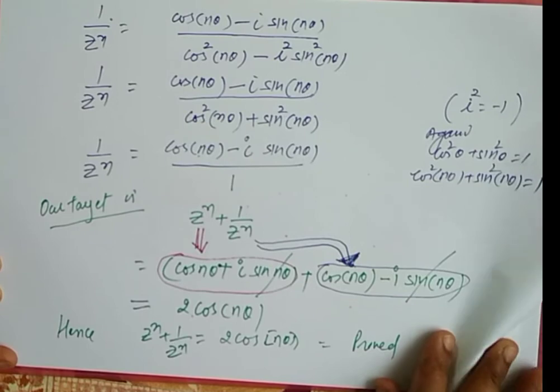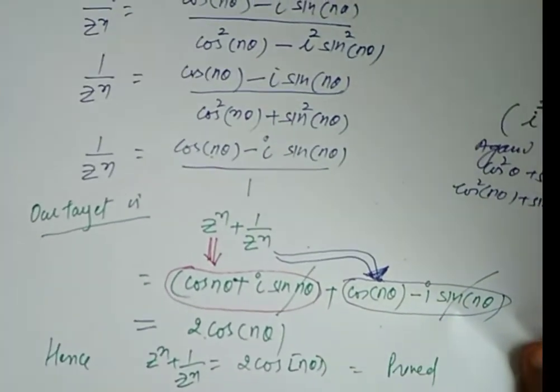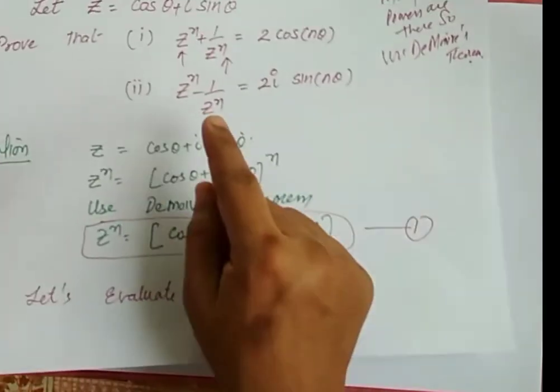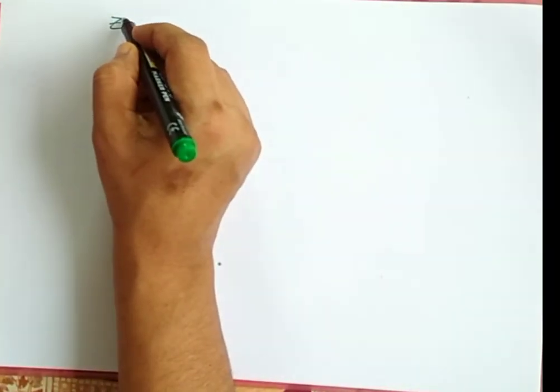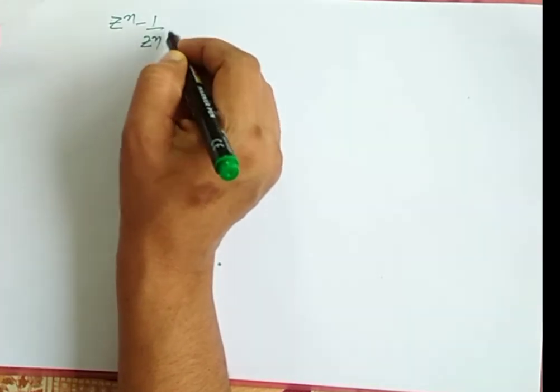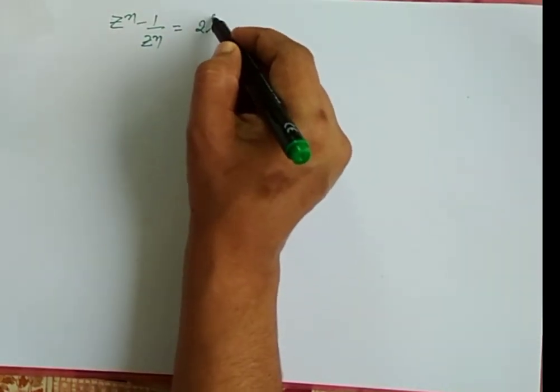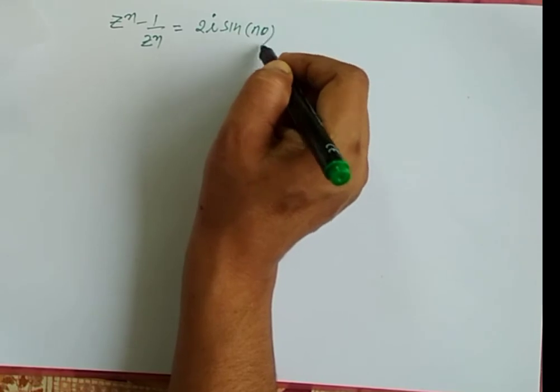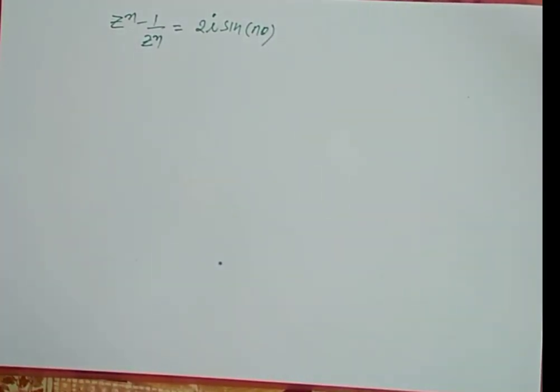Now let us go for the second part, where we have to calculate, what was the second part? Yes, now we want to calculate z raised to power n minus 1 upon z raised to power n is equal to 2i sin of n theta. So we have to find out these two values, keep this in mind.